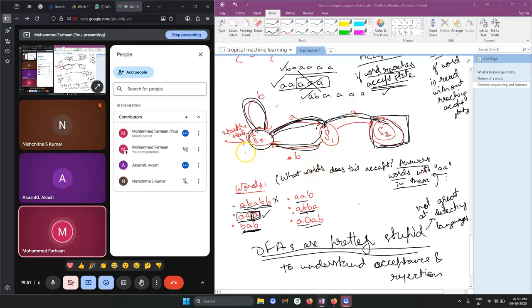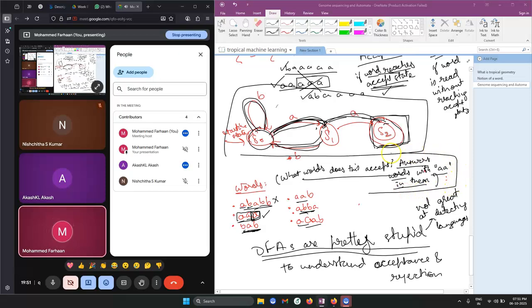So I've constructed this automata with this sort of idea in mind, that I want my automata to accept words that contain 2 A's like that. So this is why maybe it seemed a little confusing, because this seemed to come out of nowhere.